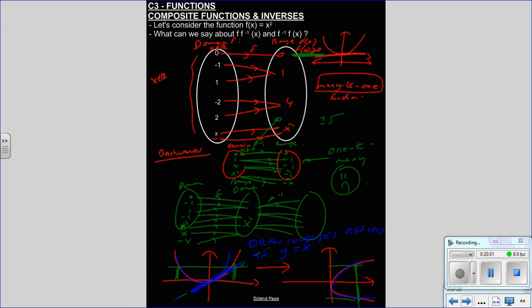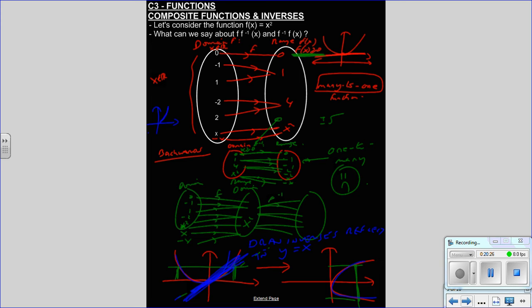It's being reflected in that line y equals x here. A mirror's been put on it, and it's produced a one-to-many, which is not a function. So, in conclusion, only one-to-ones have an inverse function because of that movement, that reflection in the axis.